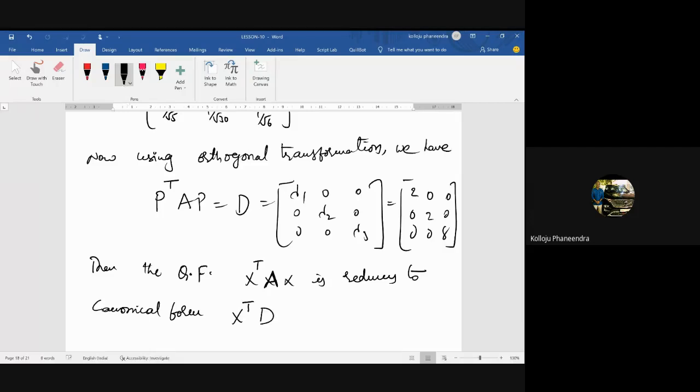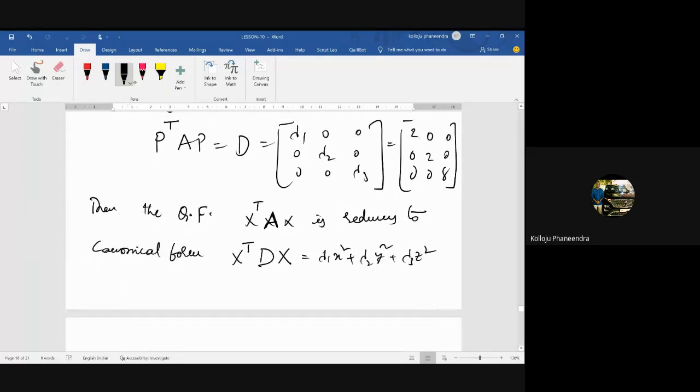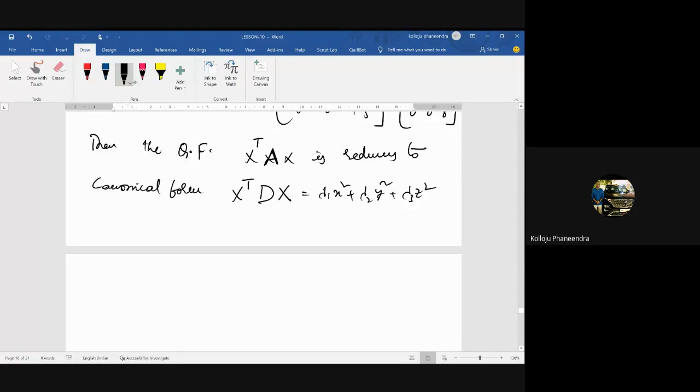In place of A, write D: X transpose DX equals lambda 1 x squared, lambda 2 y squared, lambda 3 z squared. You write directly, that is equal to 2x squared plus 2y squared plus 8z squared, which is the sum of squares form.